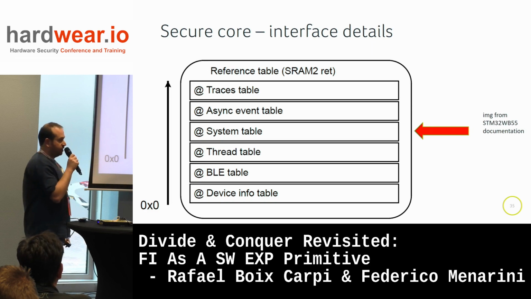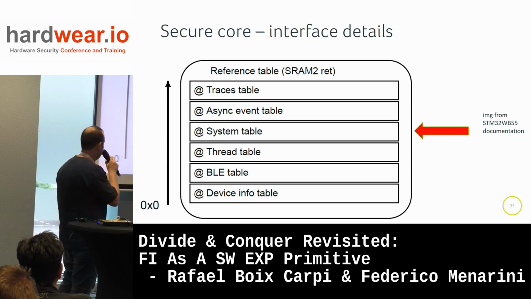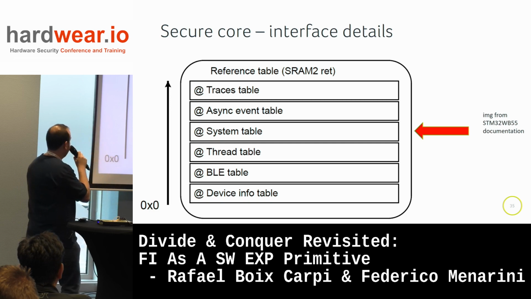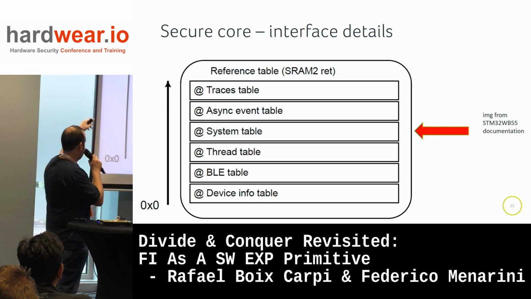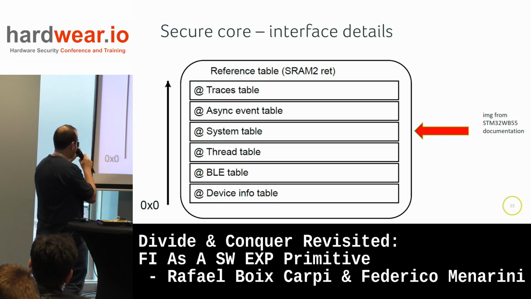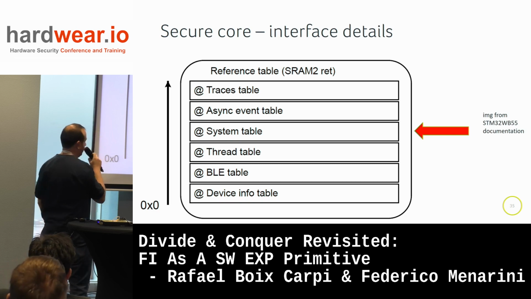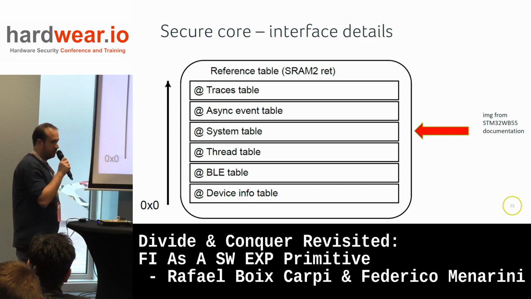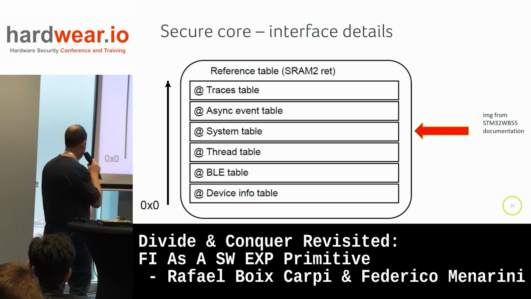ST documentation is very open about this, and it contains a lot of information on how to talk to the secure firmware. The first thing you need to do to talk to it is set up this table, where each of these entries is a pointer to another table. For our attack, we would like to focus on the system table, which is the main one used to communicate with the firmware update service.